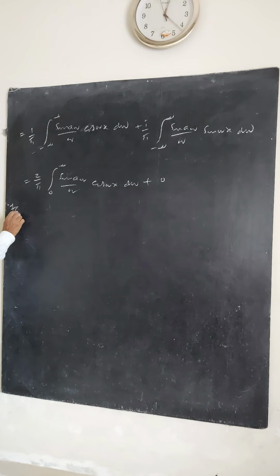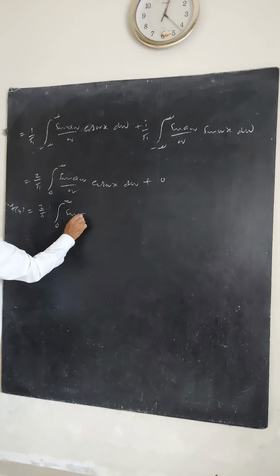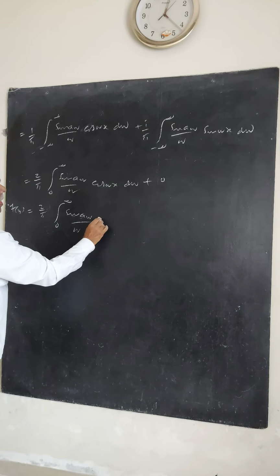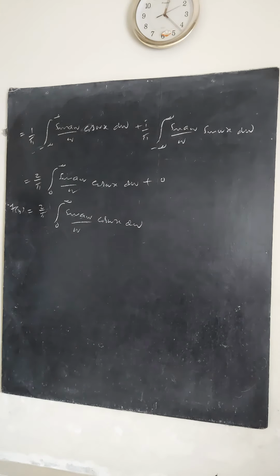This is f of x. f of x equal to 2 by pi, 0 to infinity, sin a omega by omega cos omega x d omega.